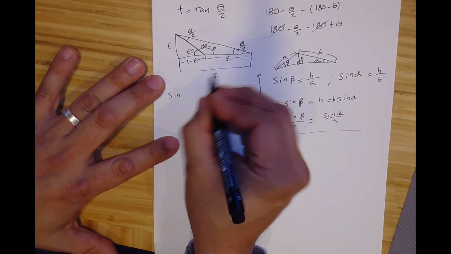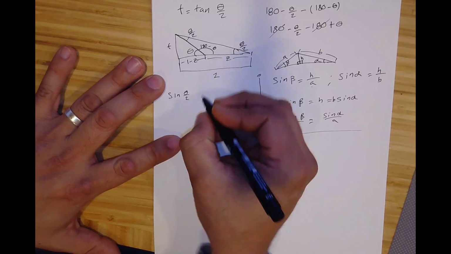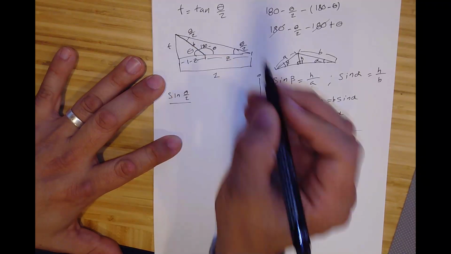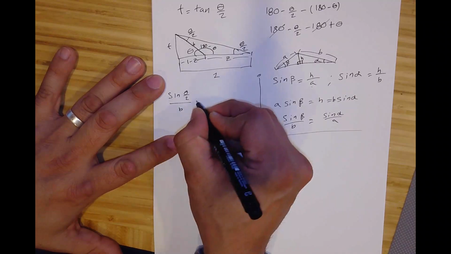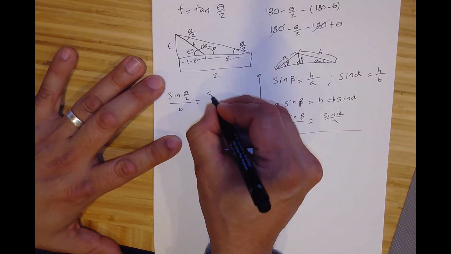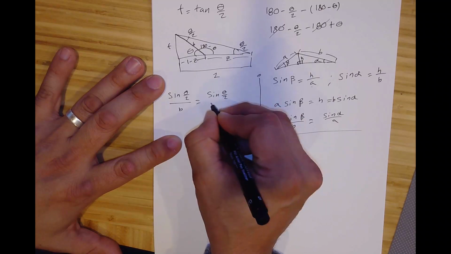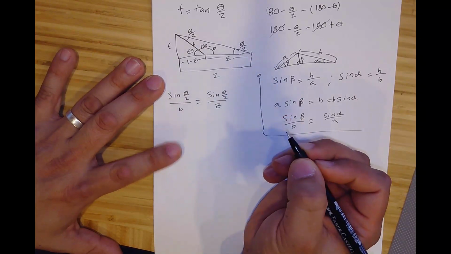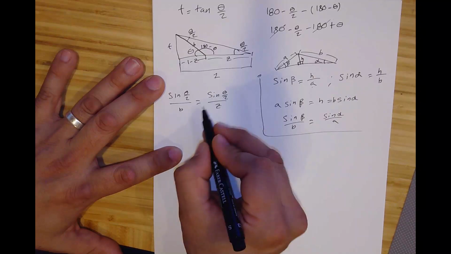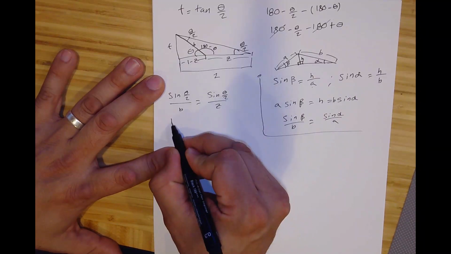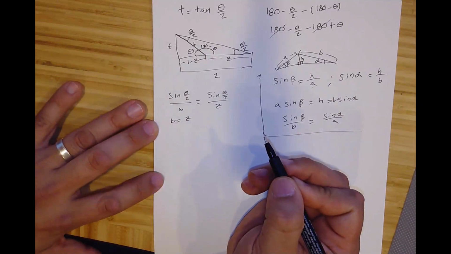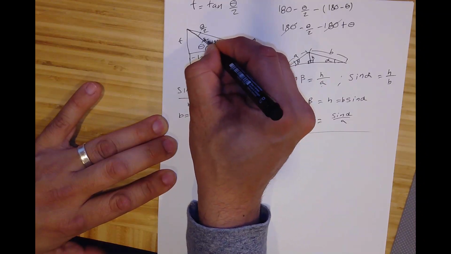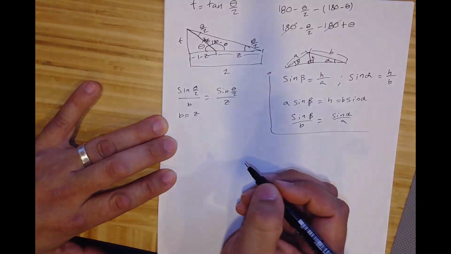Sine theta over 2, over B, let's put it B here, is equal to this angle, sine of the half angle, right? And the opposite side is c. The only way that this is an equation is where B is equal to c, right? So in this case, this is not B, this is c, same as this one.